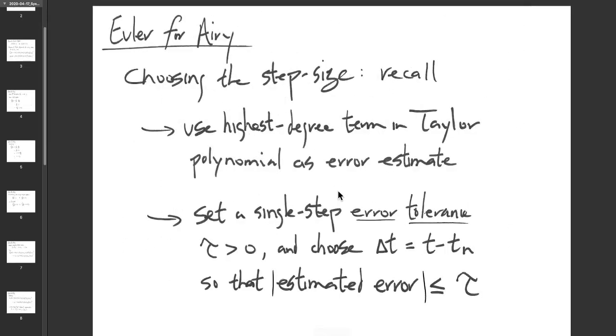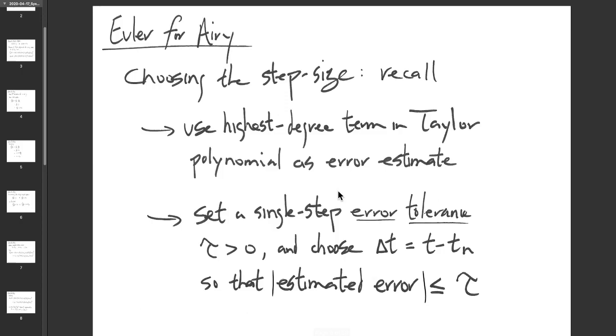Okay, so that's how we get a higher order approximation working for us. The second component we saw was adaptive step size. The basic idea we saw there from our study of just a one-dimensional differential equation was that you can use the highest degree term in the local Taylor polynomial as the error estimate.